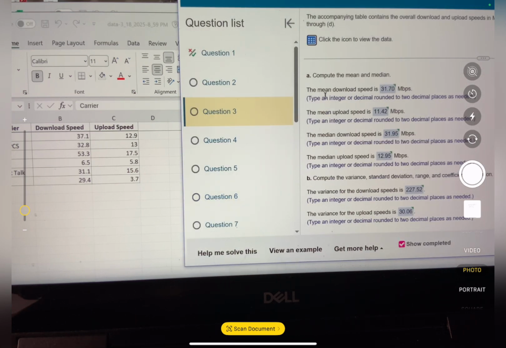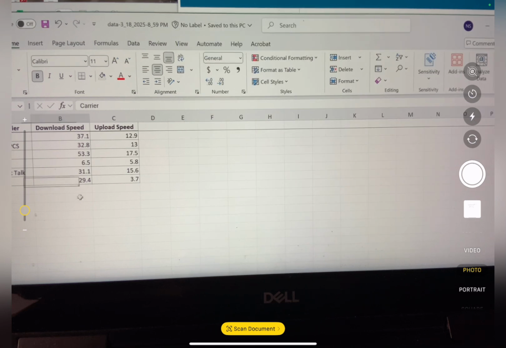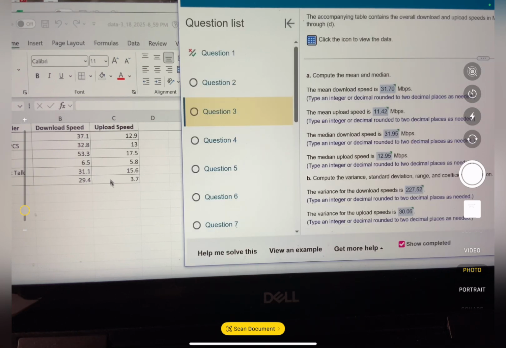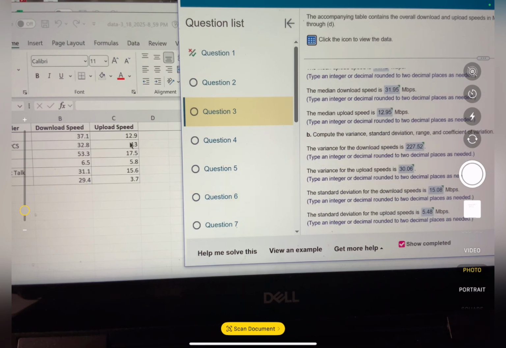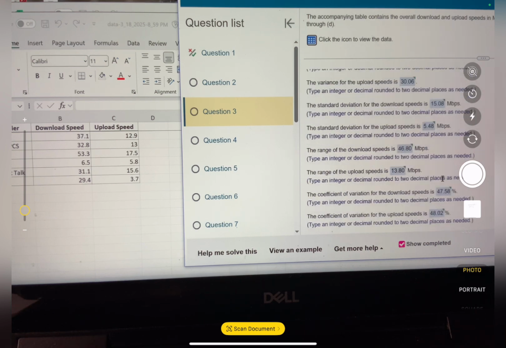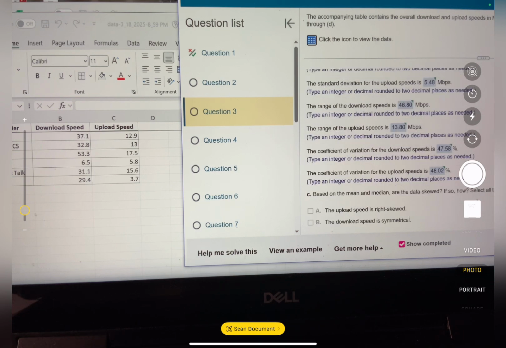You have to find average for download. You will get 31.7 here, average. And then you already know how to do it, average for upload. And then median, you know how to do it. Highlight and find median, speed for upload median, and then variance for upload, variance for download, standard deviation, range, coefficient of variation. We already know how to do it.